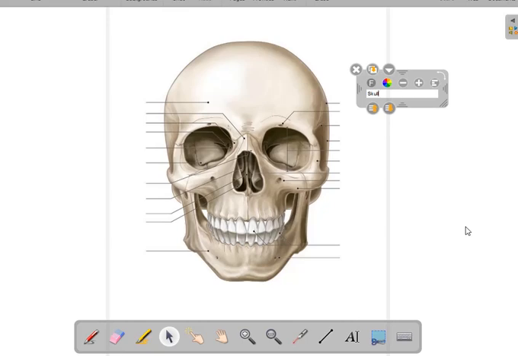vertebral column, and the thoracic cage.